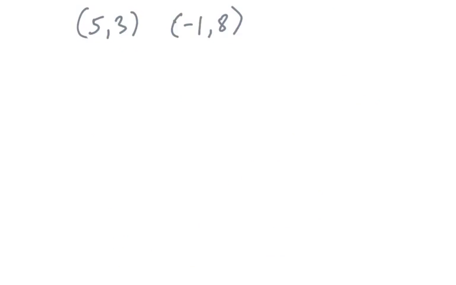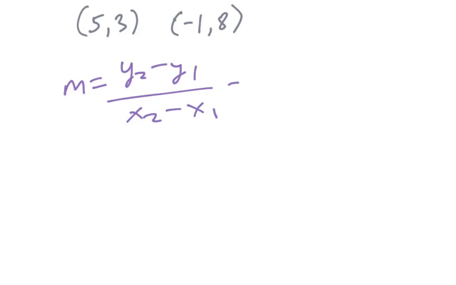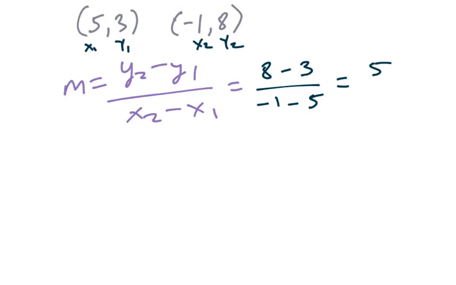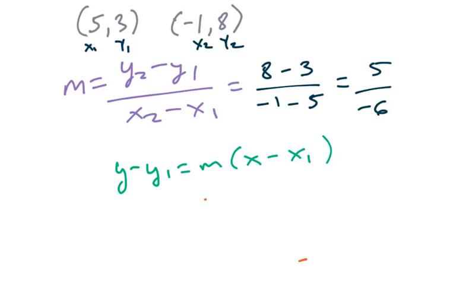All right. Last one is, if I give you 2 points, can you derive the equation? So now we have to use the slope formula to solve it. Remember this is x1, y1, x2, y2, so it's going to be 8 minus 3 over negative 1 minus 5, which is 5 over negative 6. So again, we use y minus y1 equals m times (x minus x1), and we substitute in the values, so it's negative 5/6 times (x minus x1).